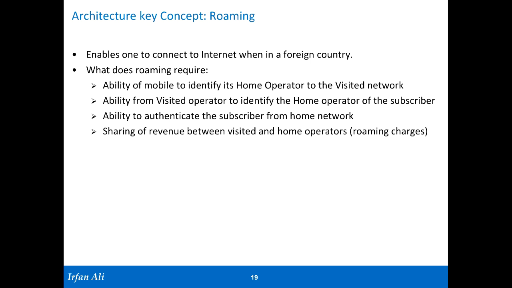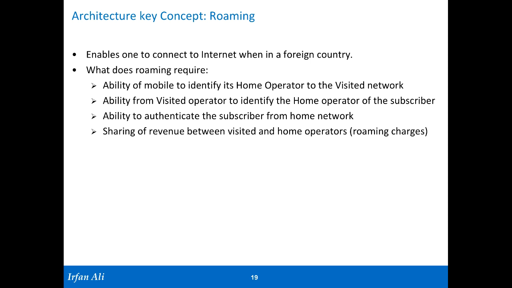Apart from just identifying your home operator, the visited operator, or the visited country where you are, needs to be able to authenticate you. So it should be able to get to where your subscription data is in your home country. The subscription data, your keys, never leave your home country. So your passwords are always in your home network.